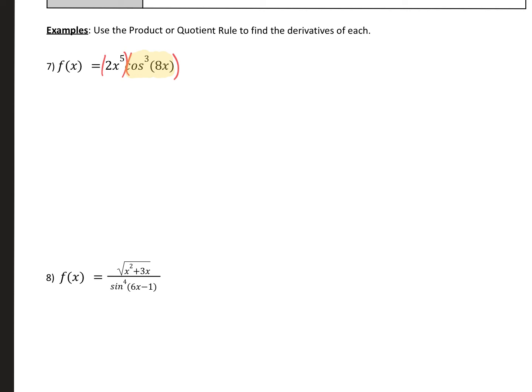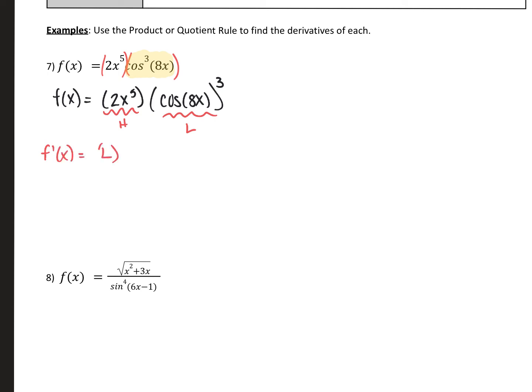So let's rewrite this as 2x to the 5th times cosine of 8x, this whole thing, to the 3rd power. So we're going to call this my high and this my low. So your f prime of x is low first, so low d high plus high d low.